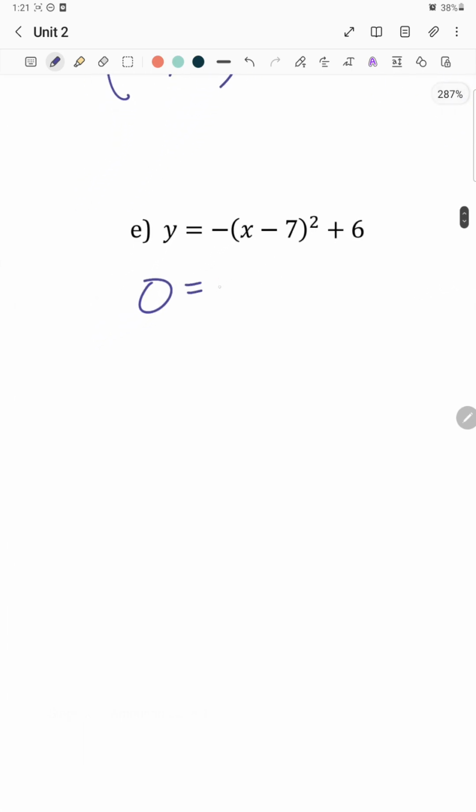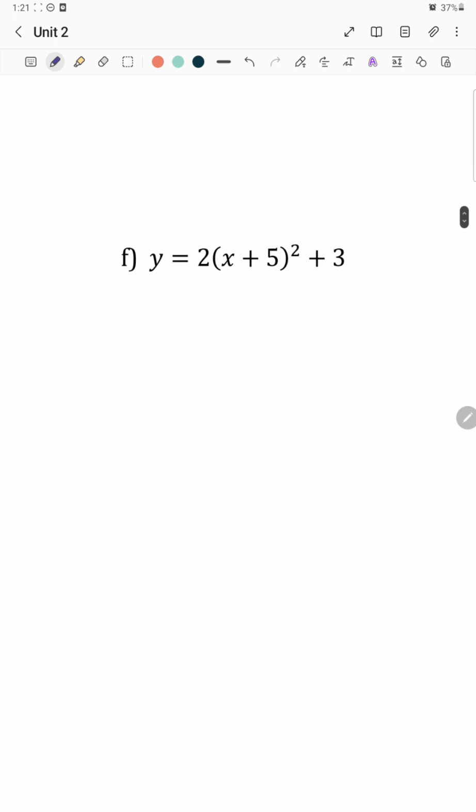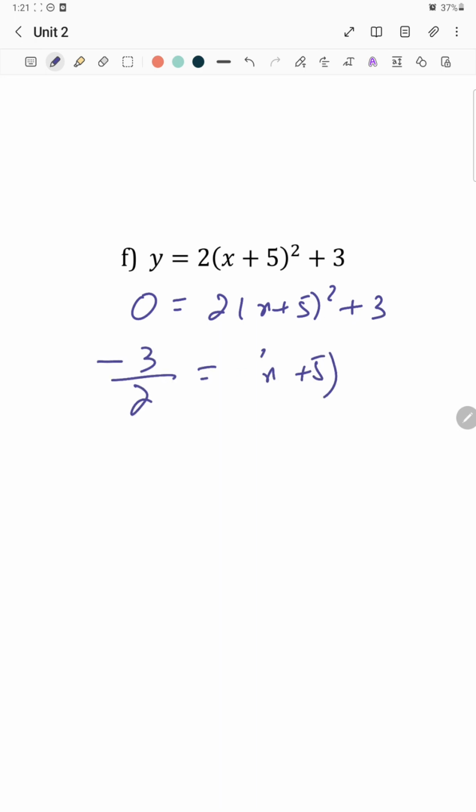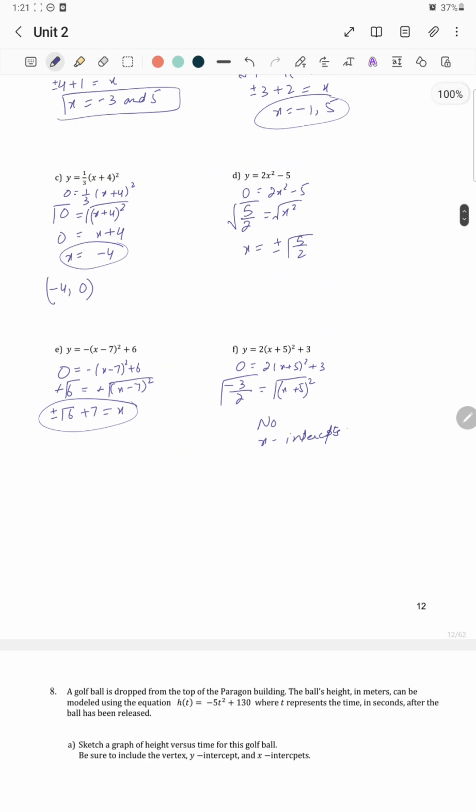Okay, 0 is equal to minus (x minus 7) whole square plus 6. Minus 6 is minus (x minus 7) whole square, plus minus square root 6 plus 7 is equal to x. So no x-intercepts as the square root of a negative number does not exist.